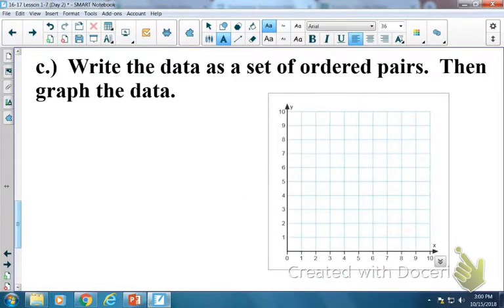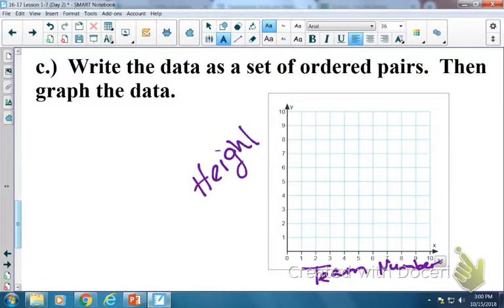Now we're going to write the data as a set of ordered pairs where the team number is going to be the label of the x-axis, and the height of the ice sculpture will be the label of the y-axis. And we're going to pair these up. So the first team built it up to 4 feet.